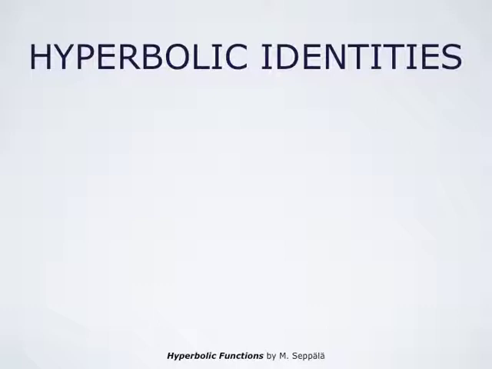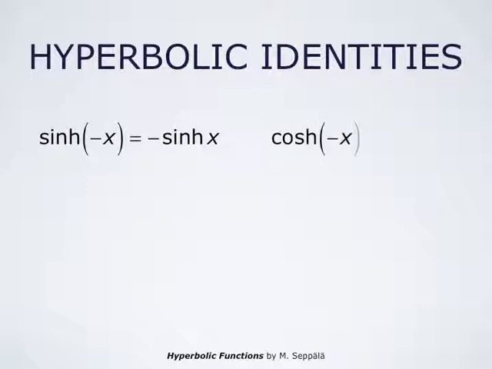The hyperbolic functions enjoy properties very much similar to those of the trigonometric functions. For example, hyperbolic sine at negative of x is negative of hyperbolic sine of x. Hyperbolic cosine at negative of x is hyperbolic cosine at x. This is just the same formula as we have for the trigonometric functions sine and cosine.